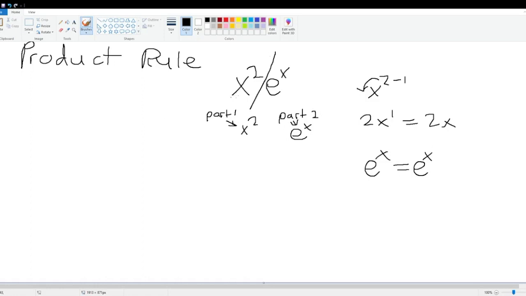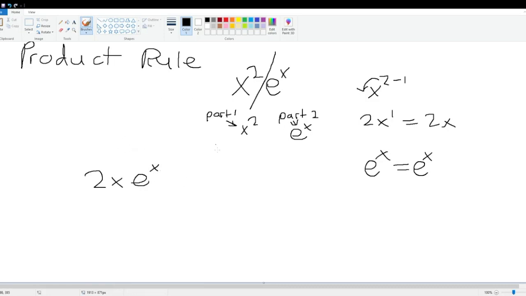Now, in order to solve with the product rule, your first step is going to be taking the derivative of x squared, or the derivative of part 1. So the derivative of part 1 is 2x, because we did this earlier over here. Now, in order to make this a complete product rule, you have to multiply it by the original part 2, which is e to the x.